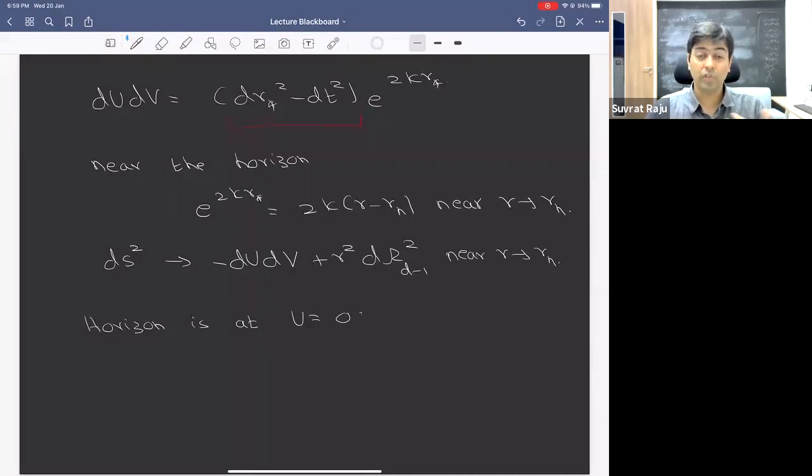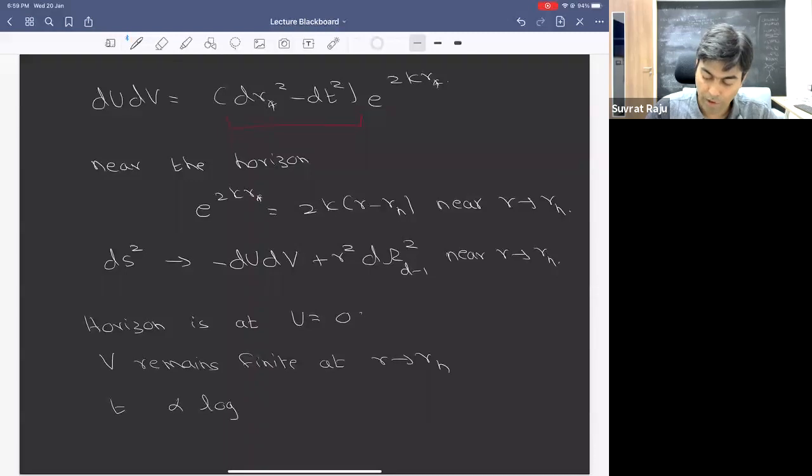But you also see that at the horizon, v remains finite, and therefore t, which is proportional to log of v by u, goes to infinity. So this is the other behavior that's important to remember. Not only is it the case that r star goes to minus infinity near the horizon, the t coordinate goes to plus infinity near the horizon.